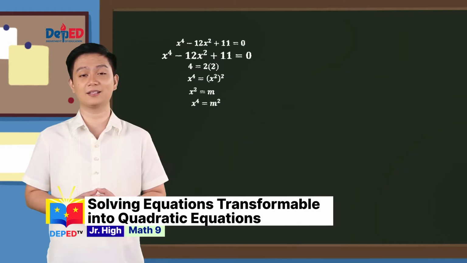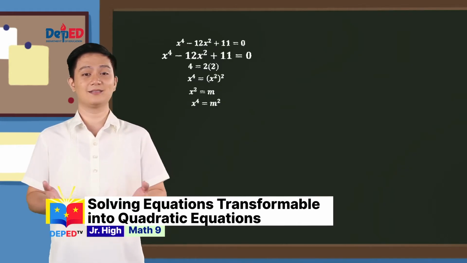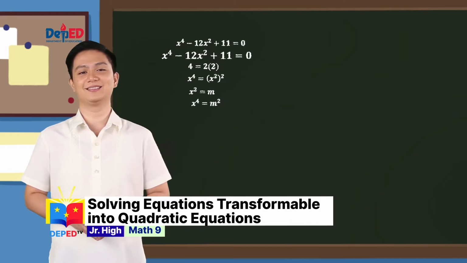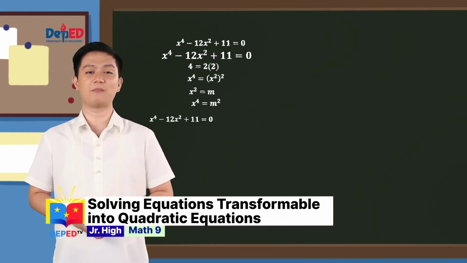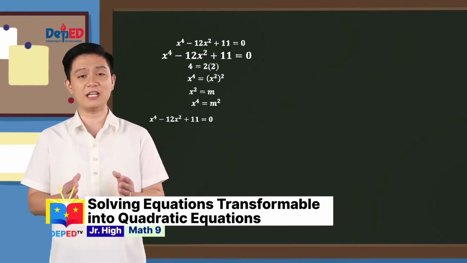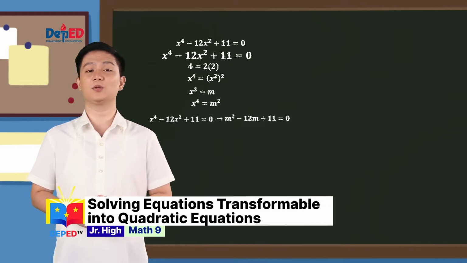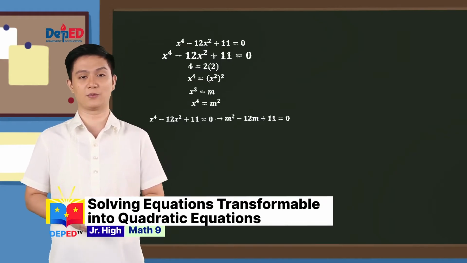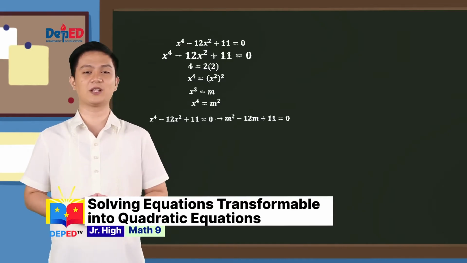It follows that x to the 4th power can be represented as m squared. Therefore, the equation x to the 4th minus 12x squared plus 11 equals 0 can be rewritten as m squared minus 12m plus 11 equals 0. It has been transformed into a quadratic equation.